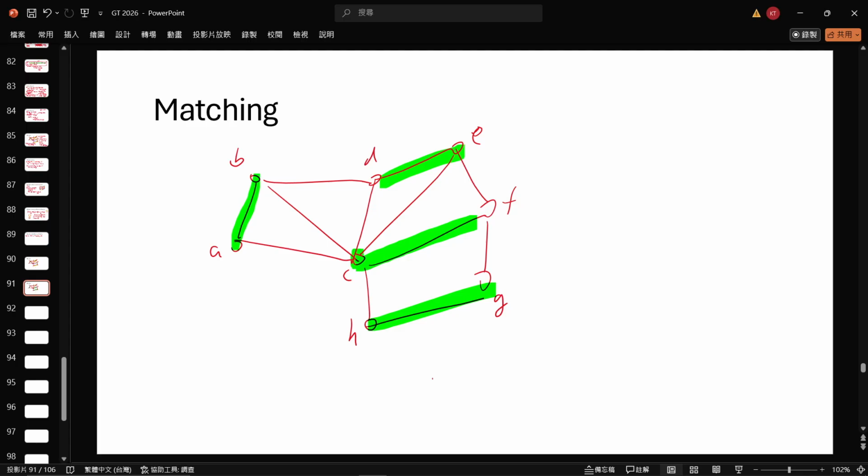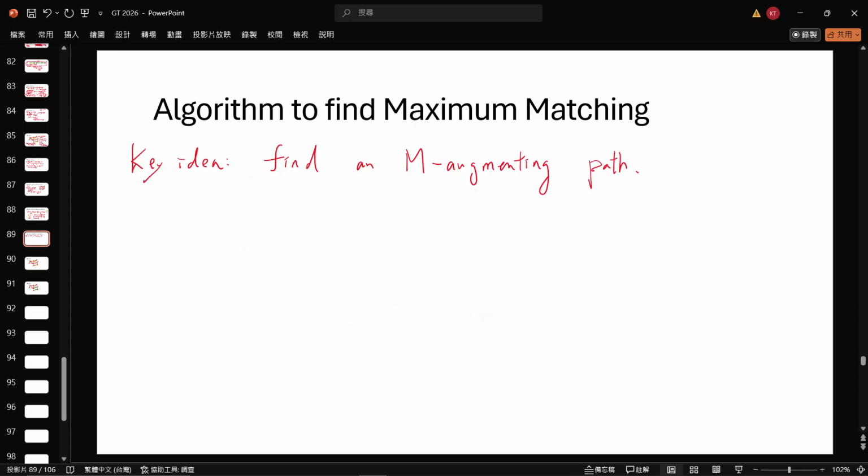So now you see that we've increased the size by 1, okay? And to do this, obviously we have to add some new edges to the matching, but also we have to remove some edges that were originally in the matching, okay? All right, so this is the purpose of finding this M augmenting path, okay?